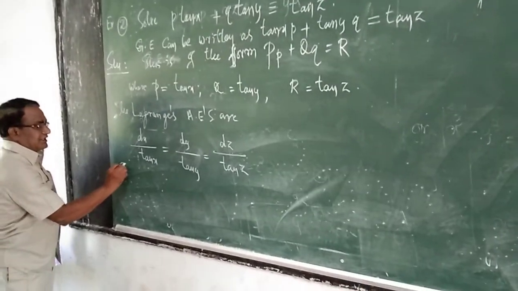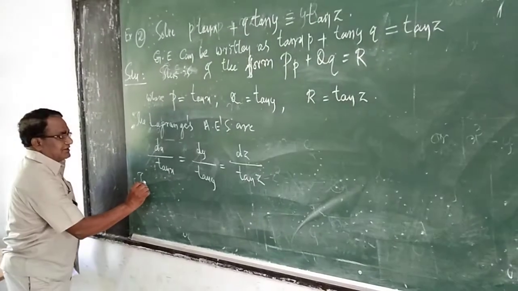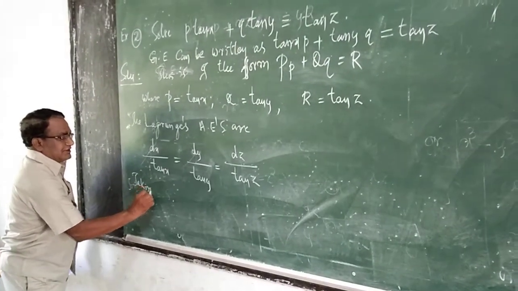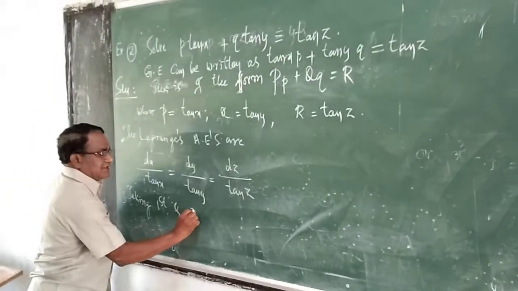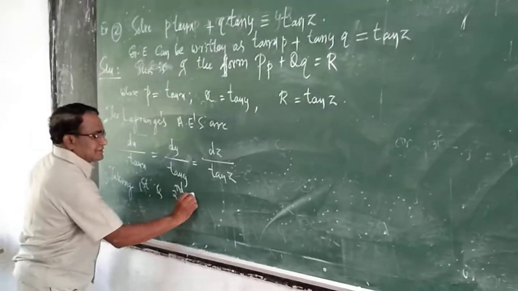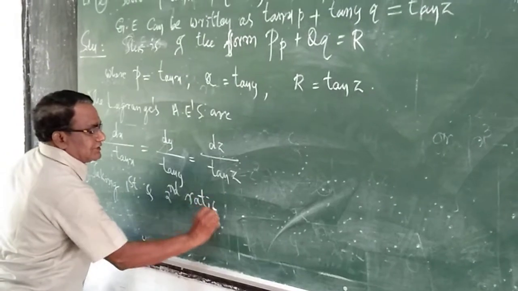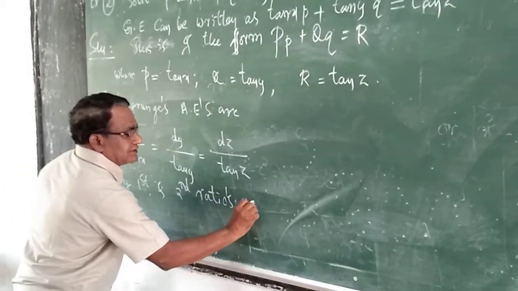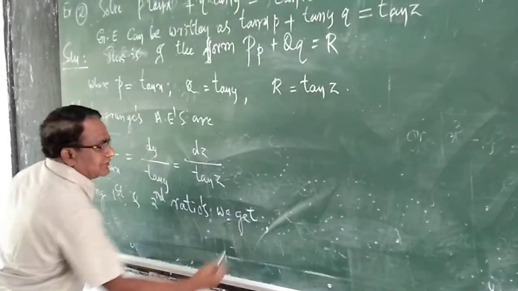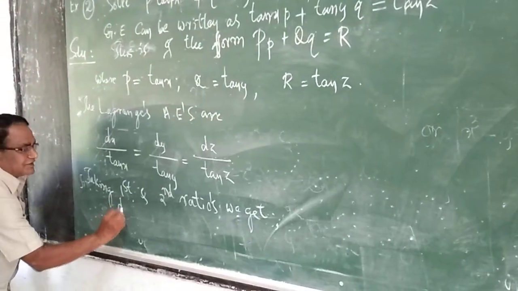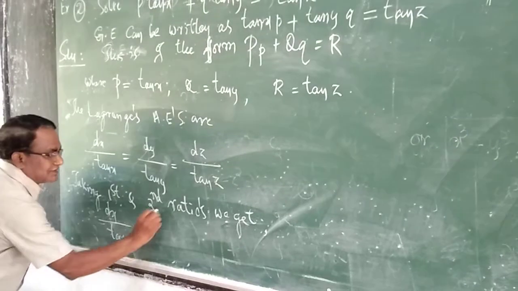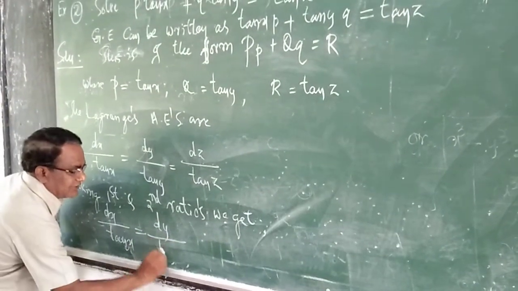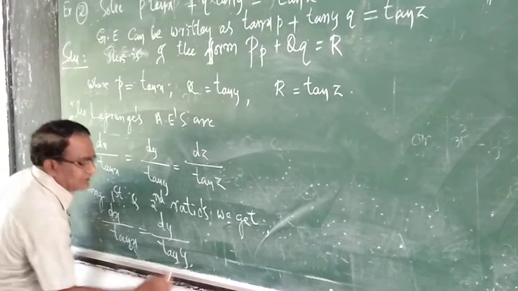For that you take the first and second ratios. Taking first and second ratios, we get dx by tan x, the first ratio, is equal to dy divided by tan y.